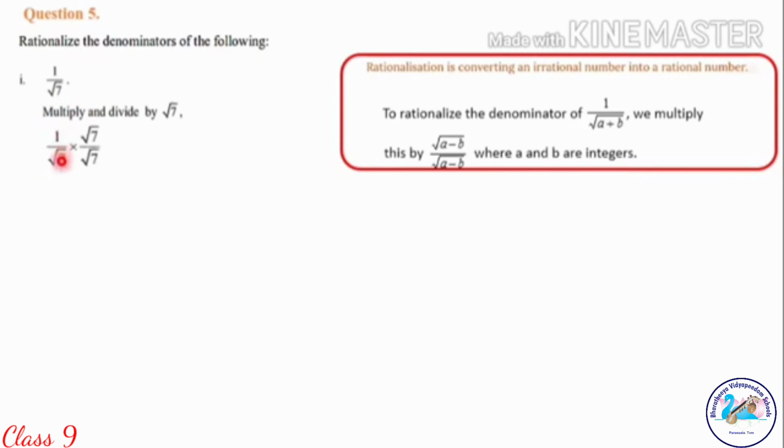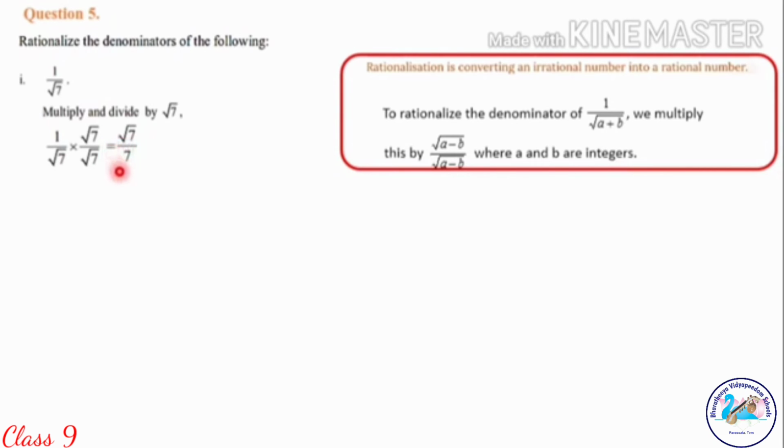That is 1 by root 7 into root 7 in the numerator and root 7 in the denominator. Now 1 into root 7 is root 7, divided by root 7 into root 7. Root 7 into root 7 is 7. Now the denominator is only 7.